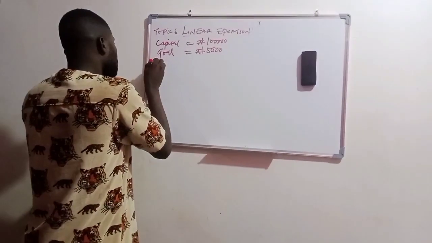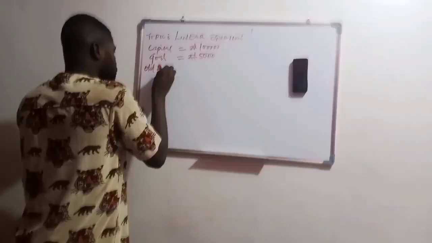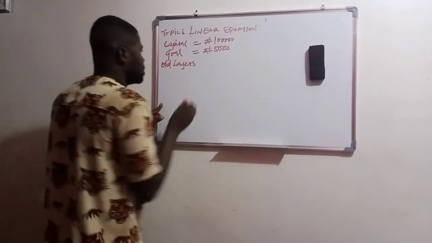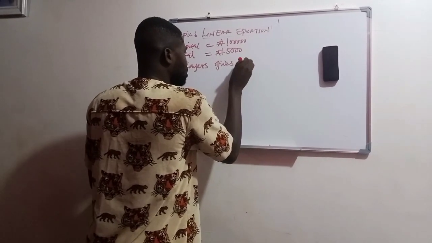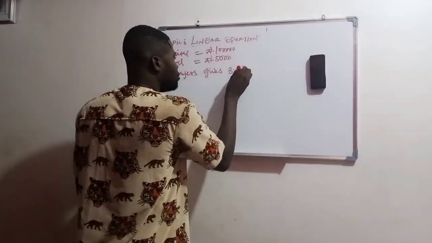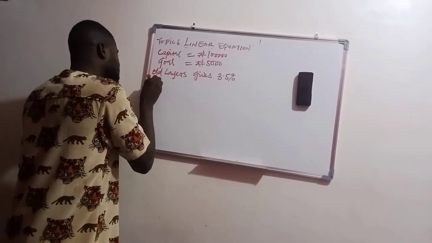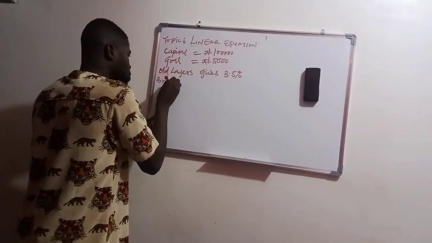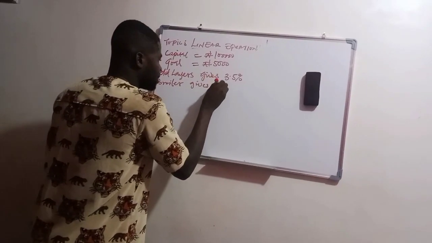Now, old layers give 3.5%, and the broilers give also 10%.